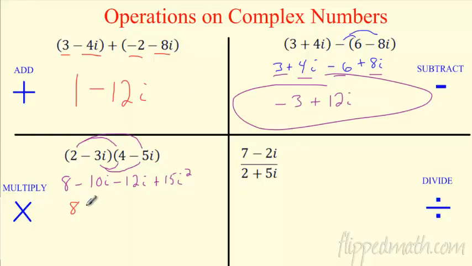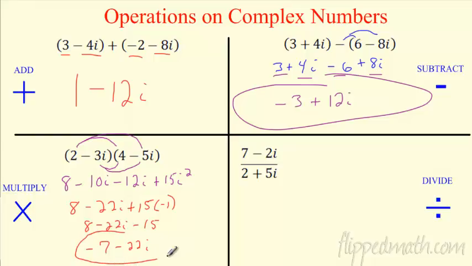The middle terms, no problem. Negative 10, negative 12, that's negative 22i. Plus this 15, but what was i squared? If you go back to the last slide, what was i squared? Remember, it's negative 1. That's the whole idea of this. So this is really saying minus 15 at the end. So you've got 8 minus 15. We're looking at negative 7 minus 22i. So be careful with that.